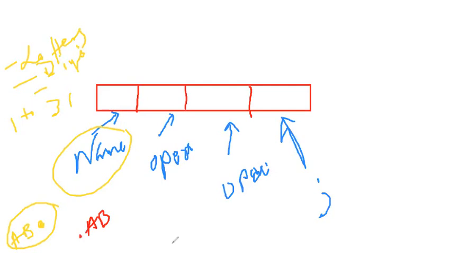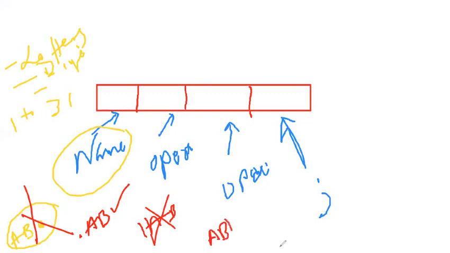And a name cannot start with a number. Can I start like 1AB? No, it's wrong. If I write AB1, that's going to be the correct one. So these are the things you have to understand for the name.